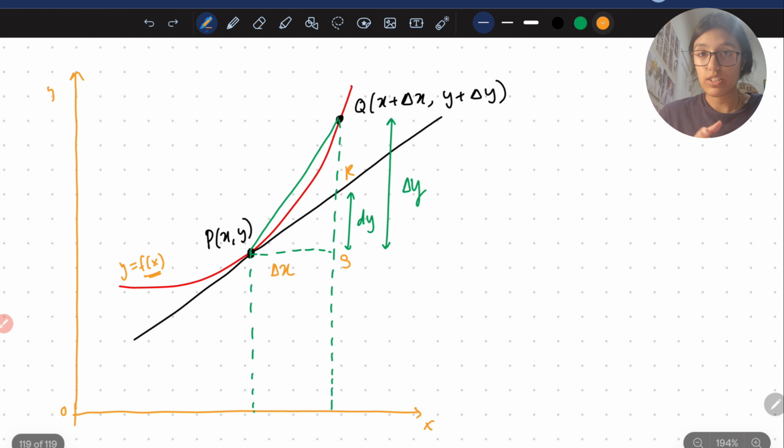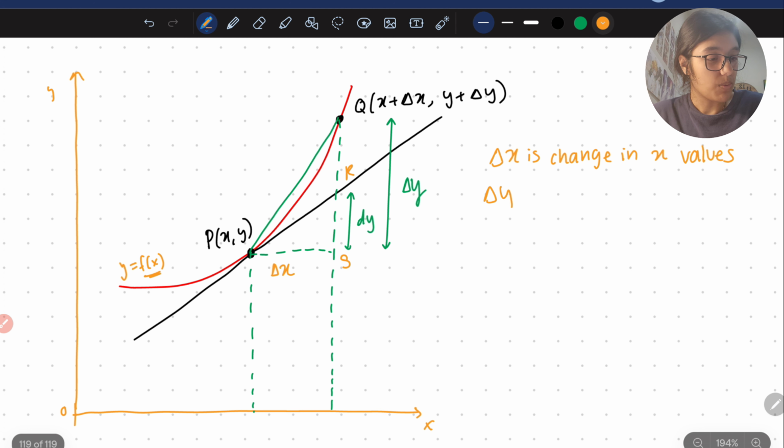That is the new x coordinate of Q. And that is the same thing for y, because if x changes, y will also change when we're looking at this type of graph. So delta x is change in x values, while delta y is change in y values.